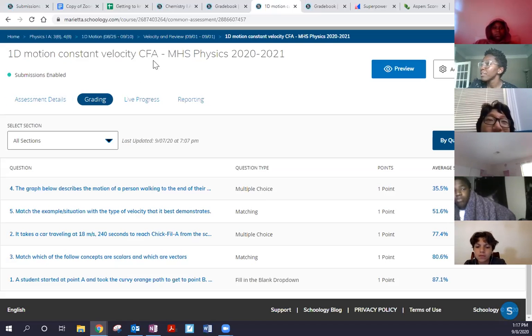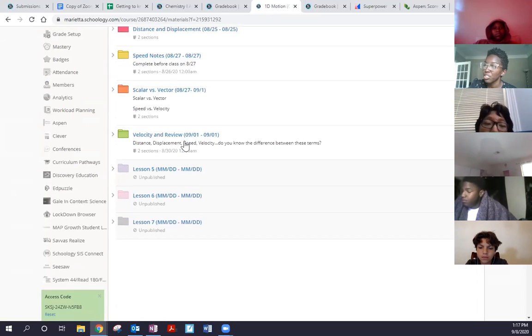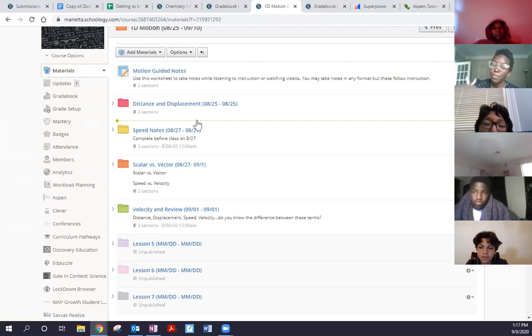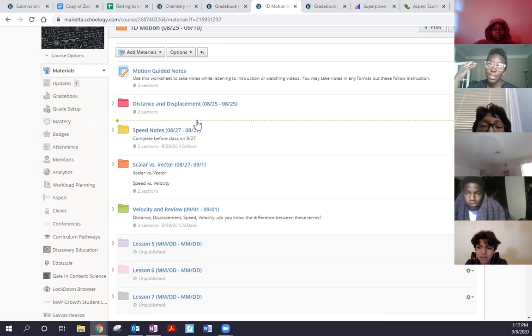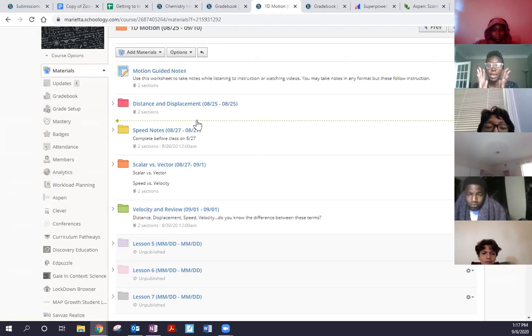There's a folder that says velocity and review. If you go to 1D motion on Schoology, I'm going to work through it on my iPad. I think I've said this before, but you definitely want some type of paper or notebook just for this class.